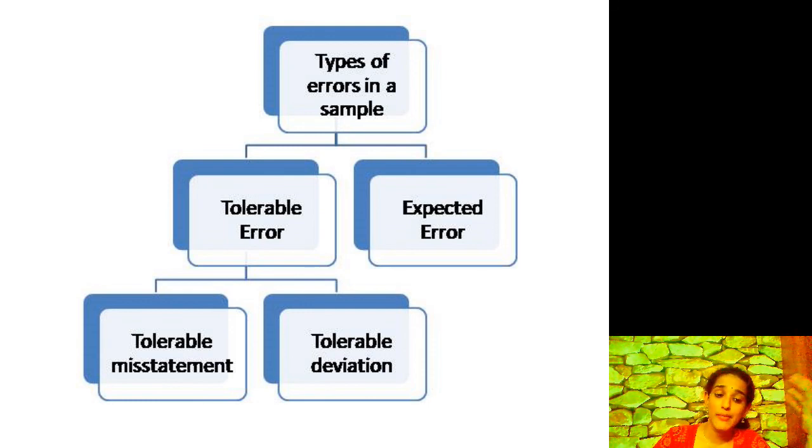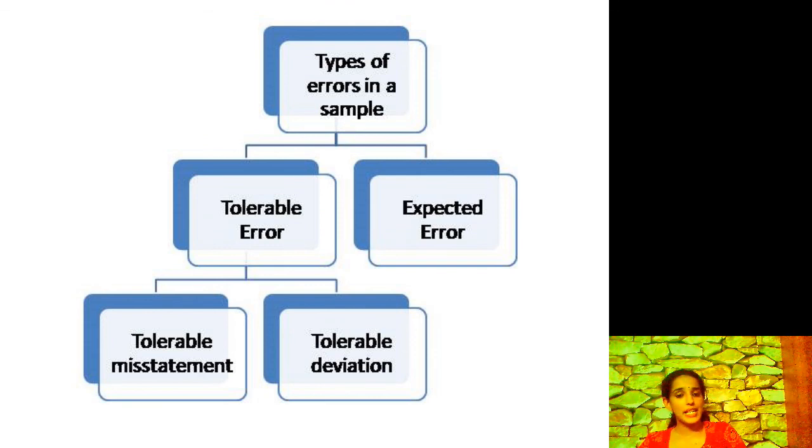Similarly, the maximum rate of deviation, this was with respect to monetary value. Now I am saying it as a percentage: tolerable deviation, plus or minus 5% or plus or minus 1%. This is my tolerable deviation. It is similar to tolerable misstatement, but it is the maximum rate of deviation that is acceptable.